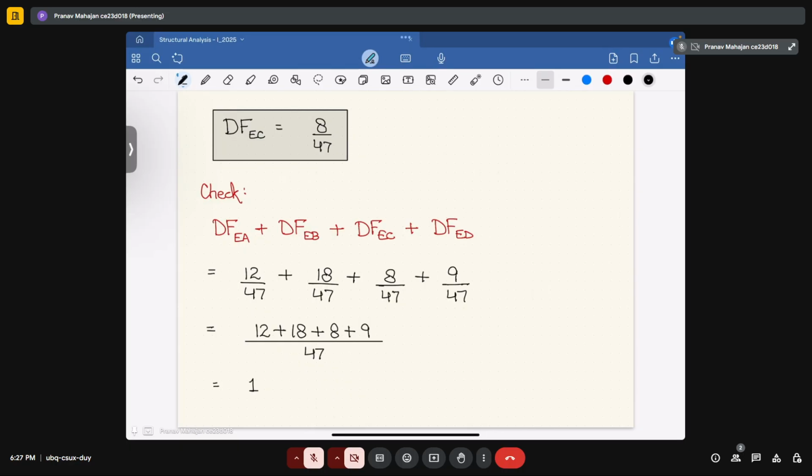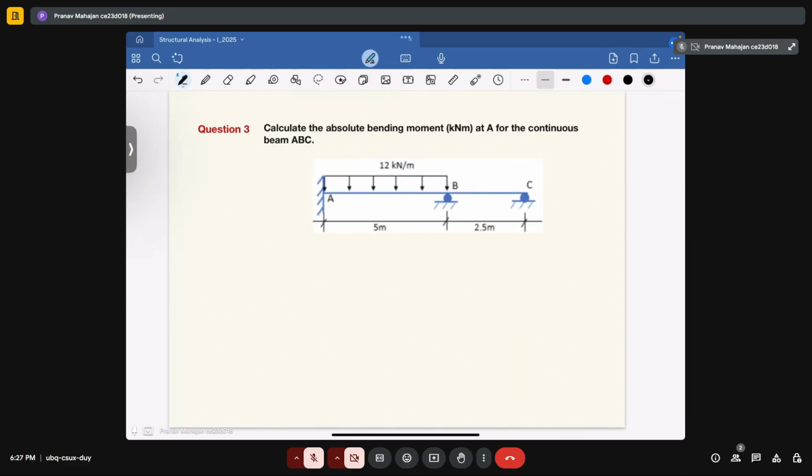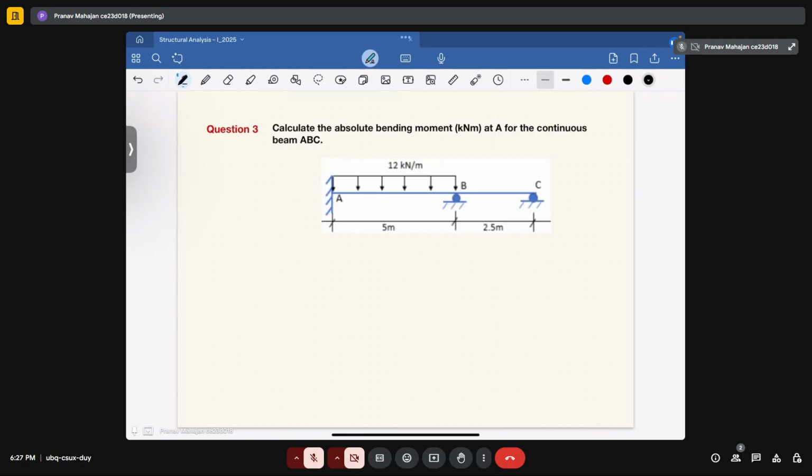Okay. So now we will try to solve a problem related to the moment distribution method, in which we will see how we can determine the absolute moment that is coming out in an indeterminate structure. For this given beam, you have to determine the absolute bending moment for a continuous beam ABC.